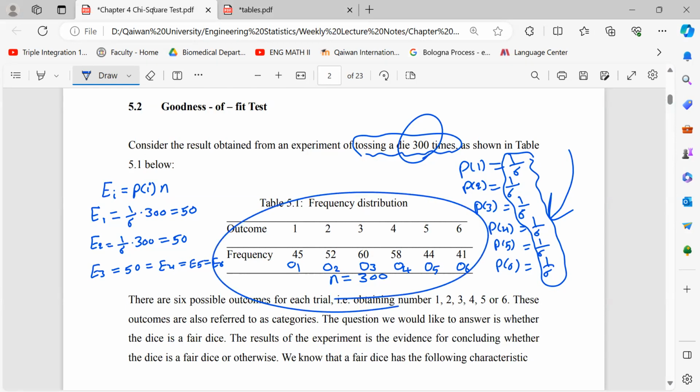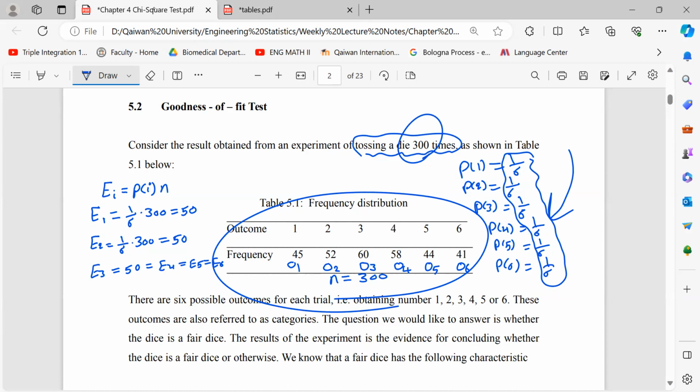In this case, the hypothesis given in the example, which we always name H naught, says the dice is a fair dice. What's the opposite of this statement? The dice is not a fair dice.